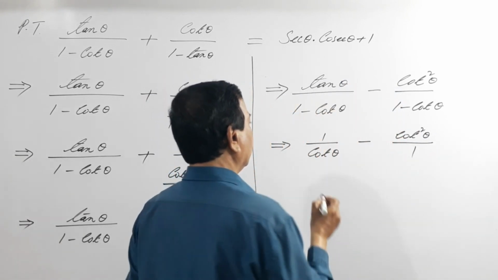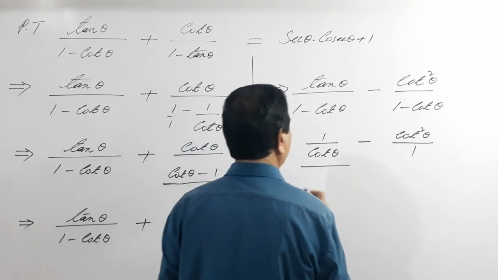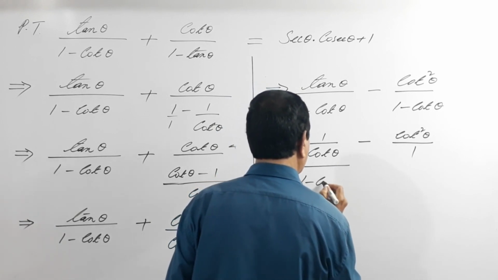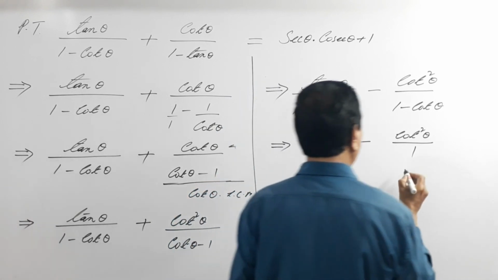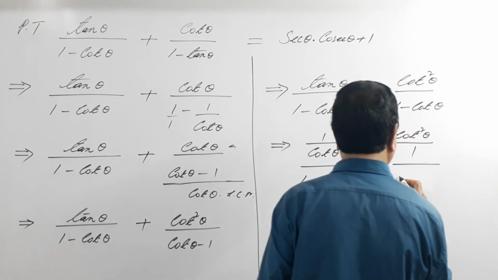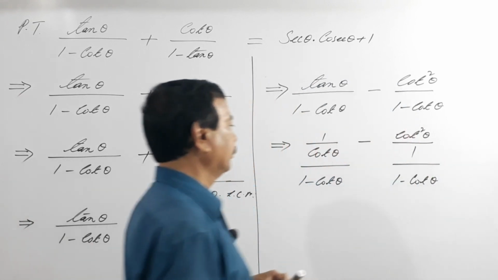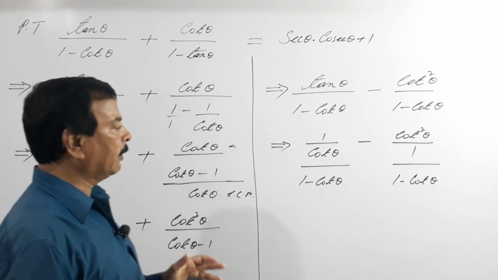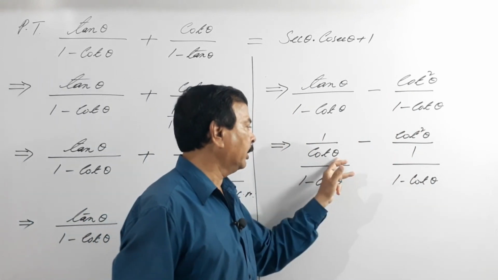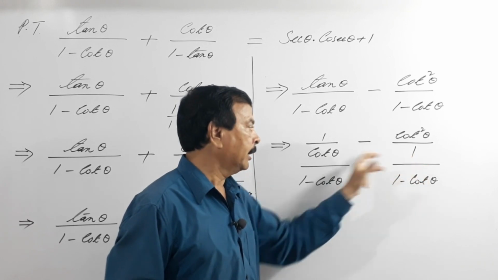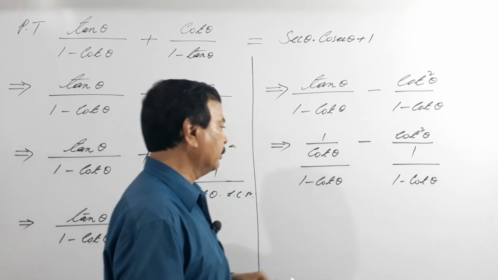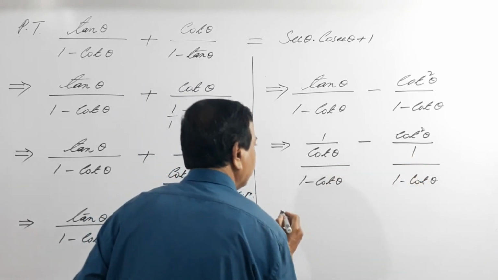This is divided by 1 minus cot theta, 1 minus cot theta. Now at this point, we have cot theta here, so I would like to take the LCM for the denominator. Taking LCM, what happens here?